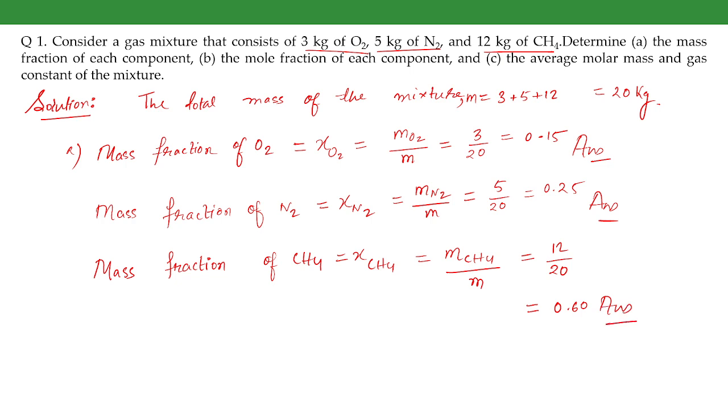So what are the mole fractions of each component? For the mole fractions, we first have to determine the number of moles of each component present in the mixture. The number of moles of oxygen, let's say N of O2, is obviously the mass by the molecular mass.